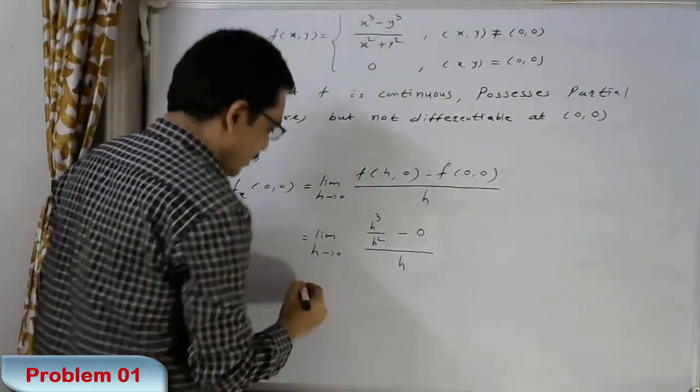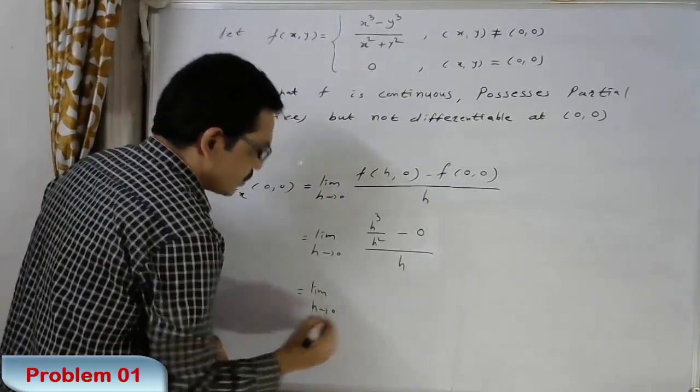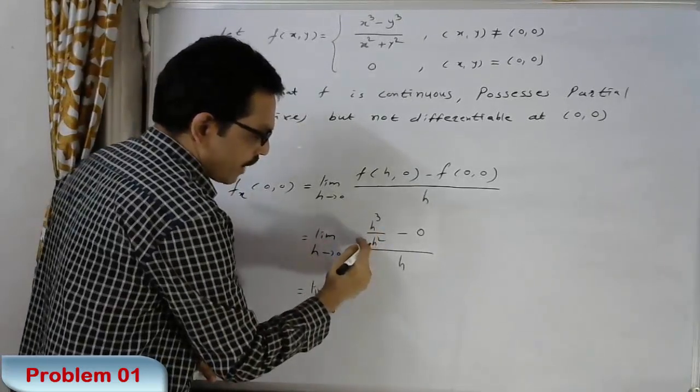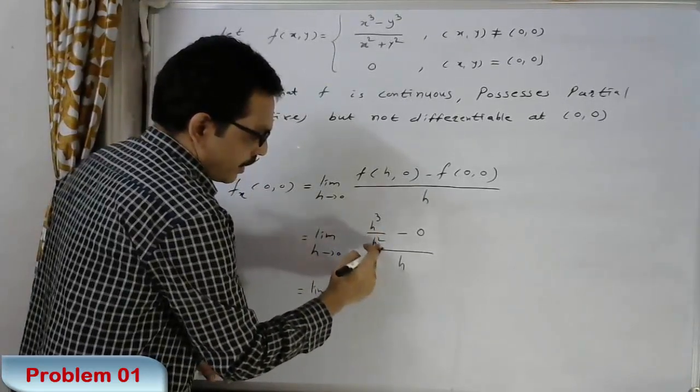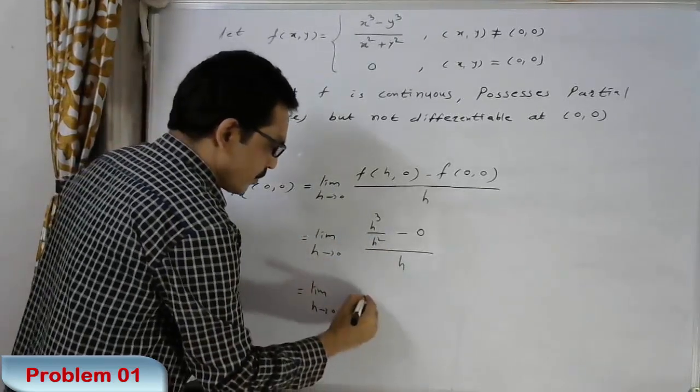Then this is equal to the limit as h tends to 0 of h cube divided by h square divided by h. Then this is equal to 1.